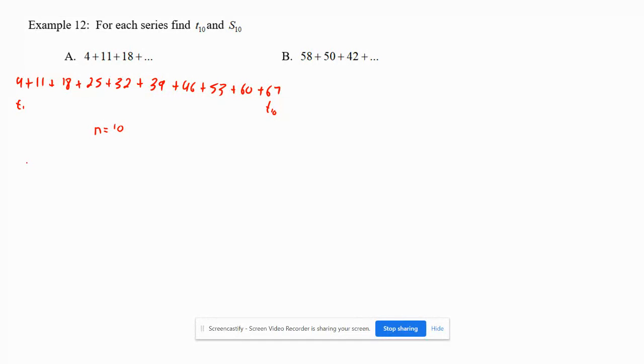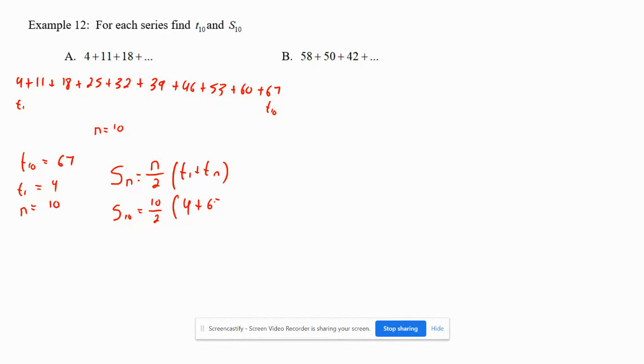So I know that T10 equals 67, T1 equals 4, n equals 10. Our formula is Sn is n over 2, T1 plus Tn. So it means S10 is 10 over 2, 4 plus 67.